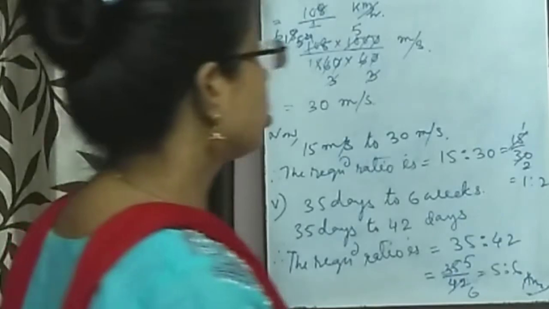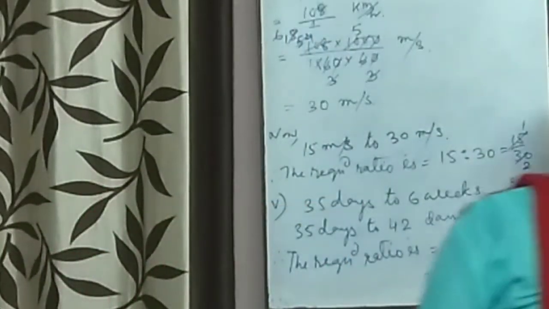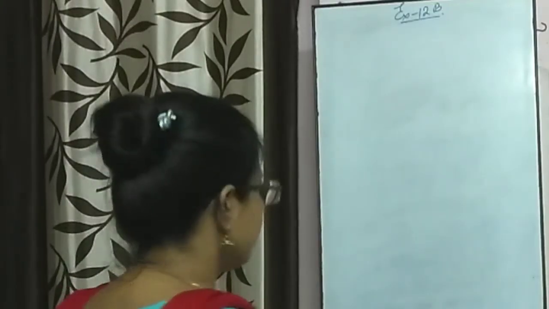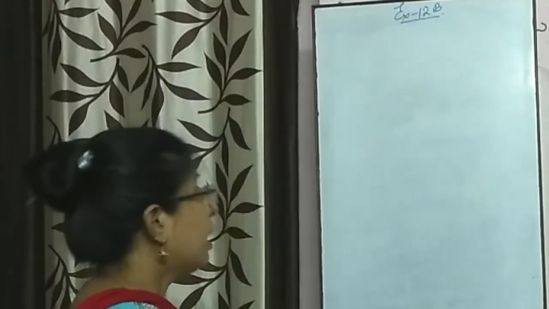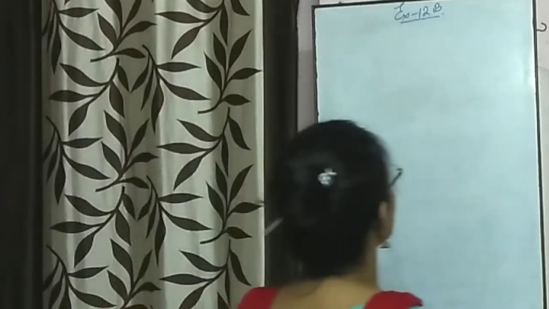I'll show you a few sums from 12b. The 12b chapter is based on proportion. Earlier I taught you what proportion is.